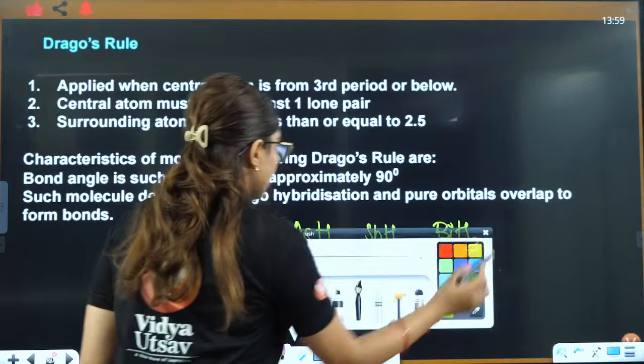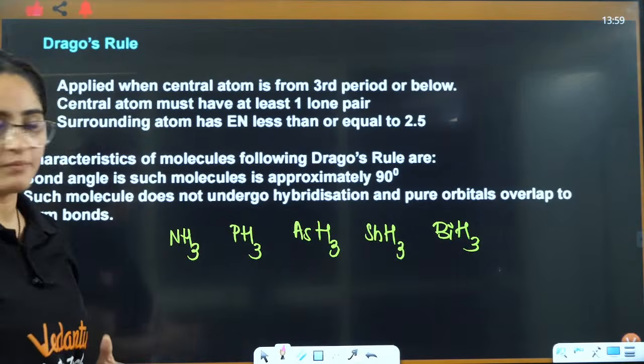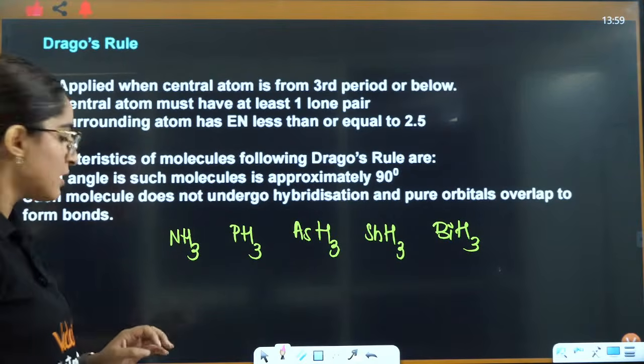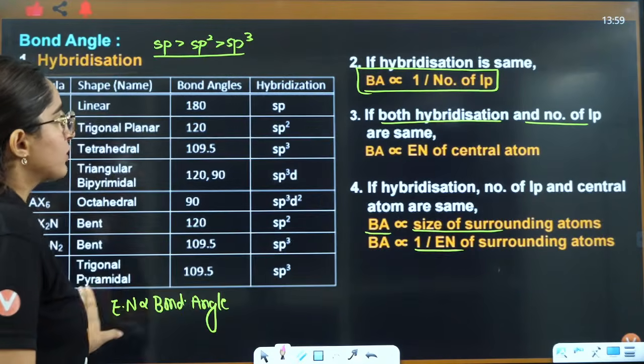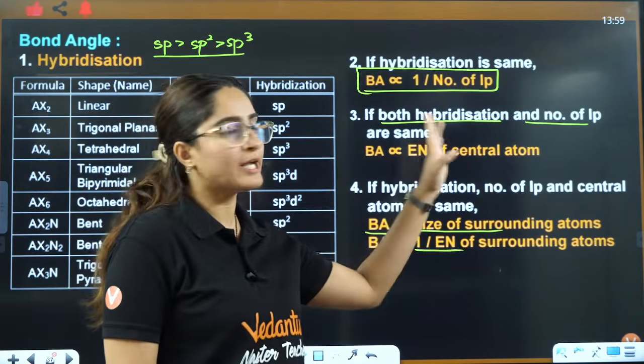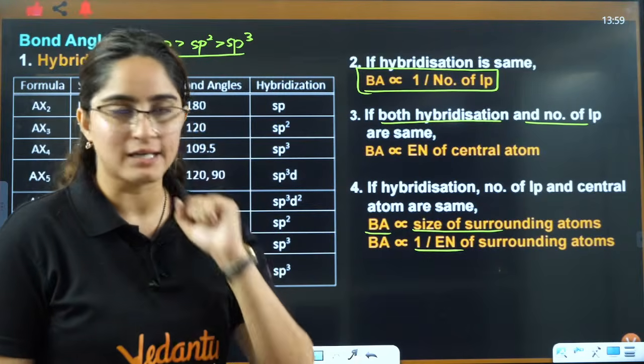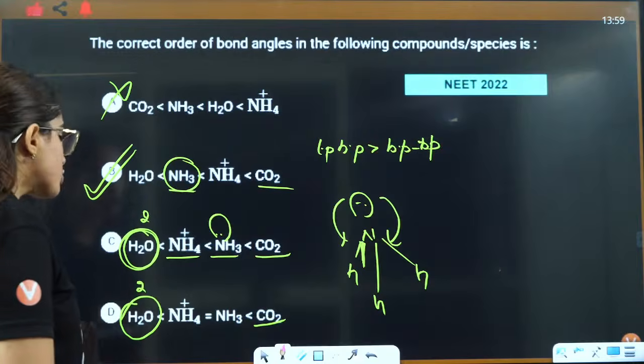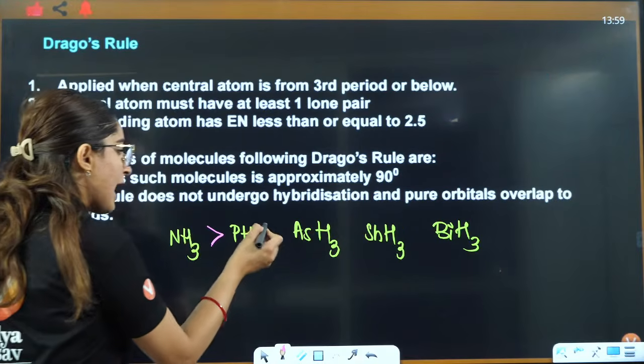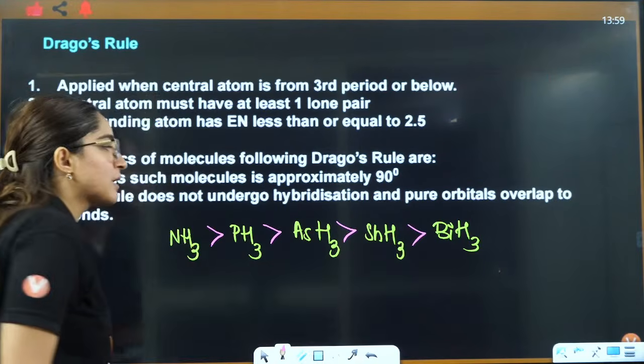Now we say when the hybridization is same and lone pairs are same, what will it depend upon? It will depend upon the electronegativity of the central atom. Down the group, electronegativity is decreasing. That is why the angle should also decrease, right?